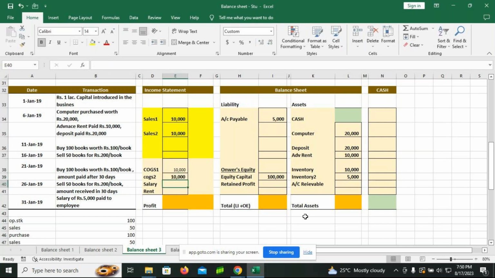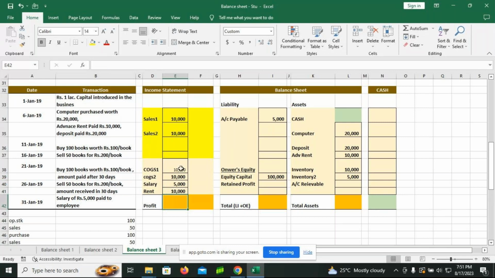Salary they are telling equals 5,000. So now here rent I am going to show in the income statement. Okay. So how much they are telling rent as 10,000, advance rent. Okay, I'm going to take the rent over here, so equals 10,000. Okay.